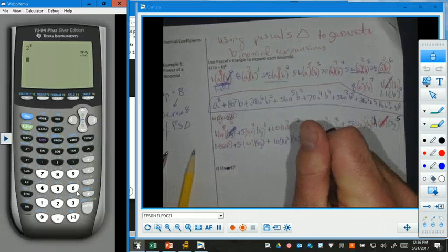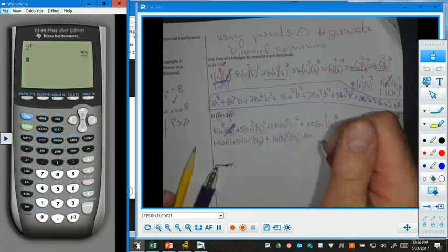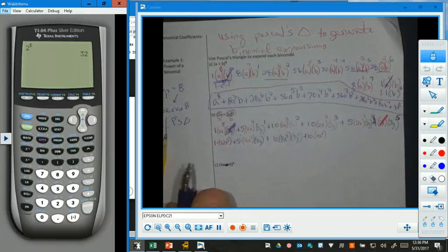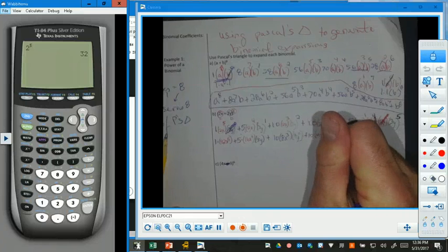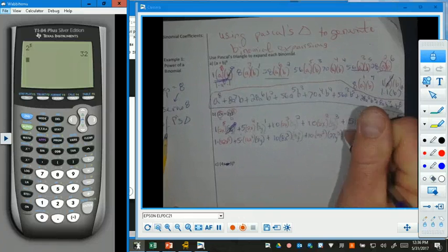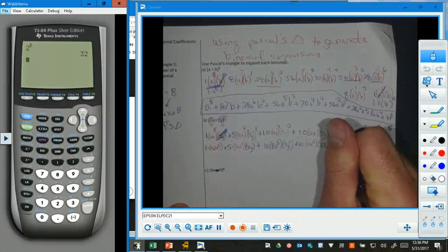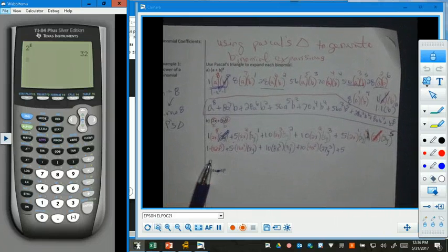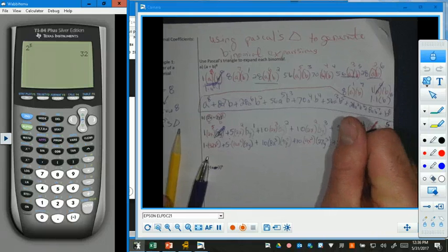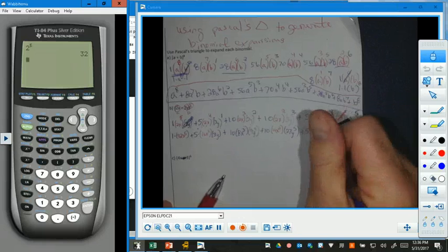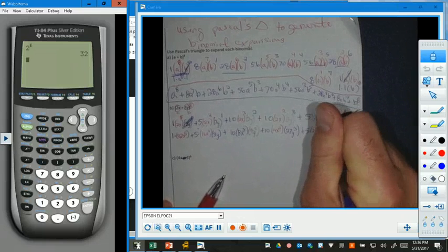Plus 10. 2 squared is 4, so that becomes 4x squared. 3 cubed is 27, so that becomes 27y cubed. 2 times x to the 1st is still going to be 2x. 3 to the 4th is 81, so this becomes 81y to the 4th.